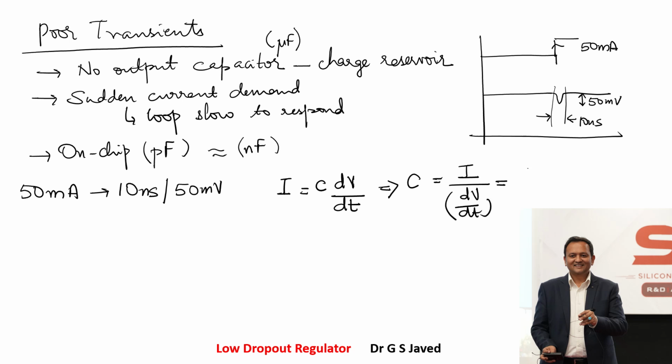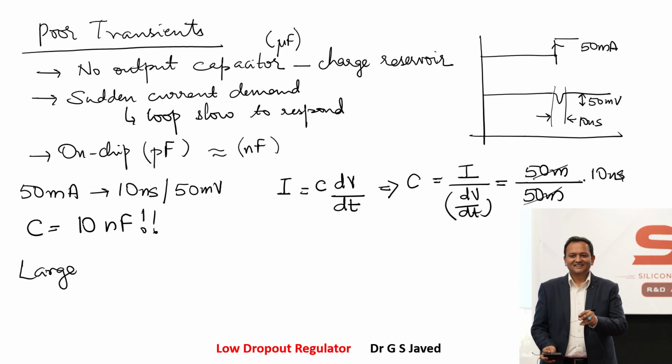I is about 50 milliampere, dV by dt is 50 millivolt over 10 nanosecond. And if you see, the value of the cap comes out to be 10 nanofarad. Now, this is a large value. This much amount of area will not be sufficient. How do we know it's a very large value?